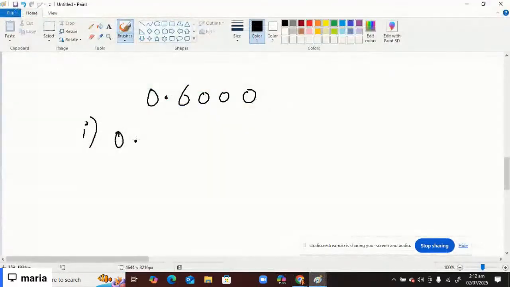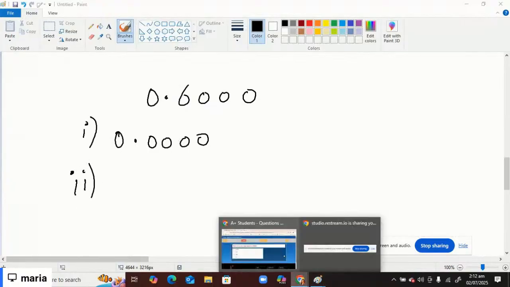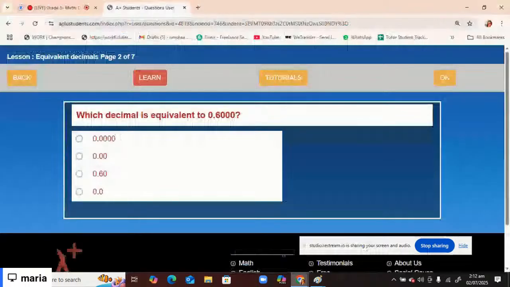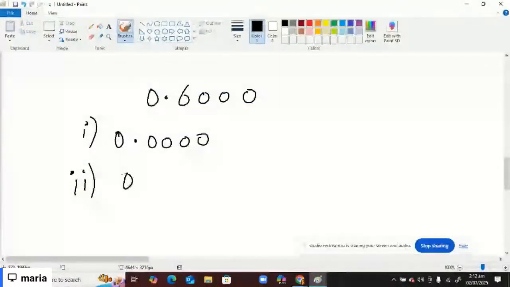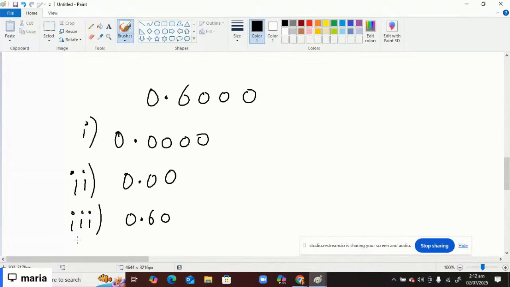The second option is two zeros, then 0.60. The third option is 0.60, and the fourth option is 0.0.